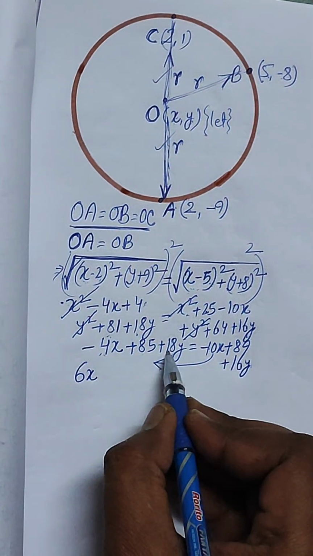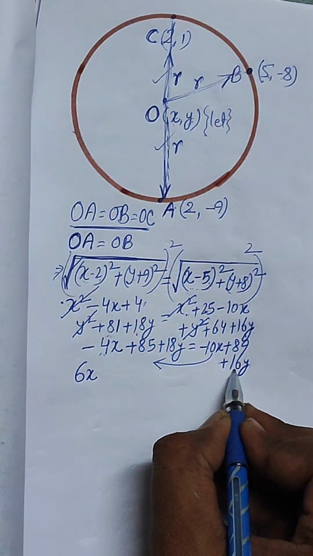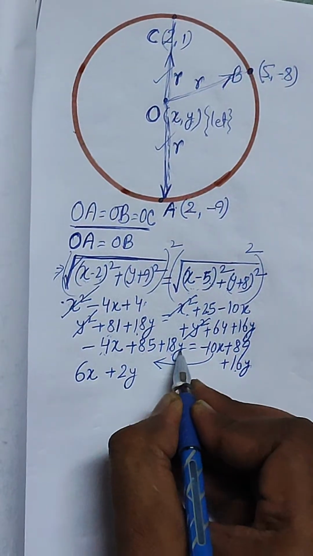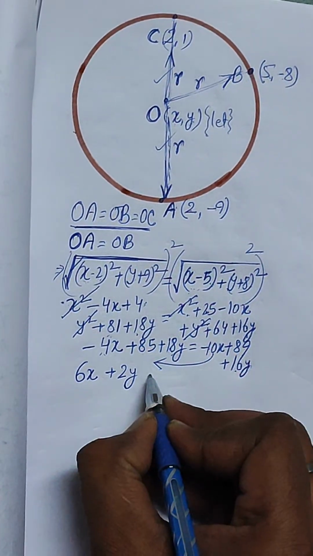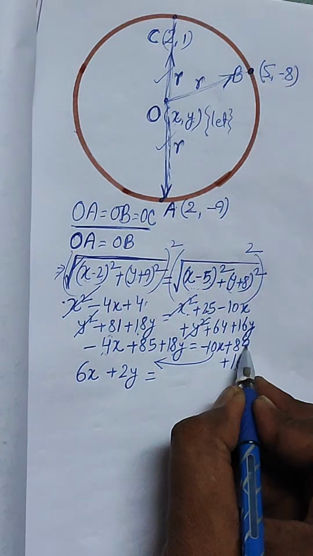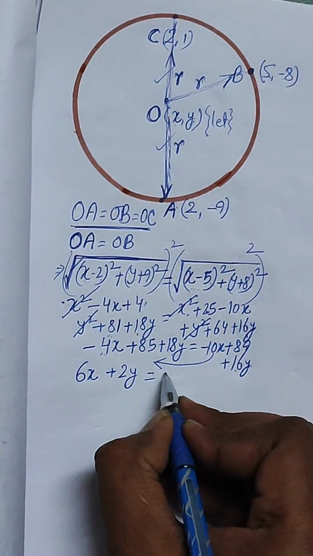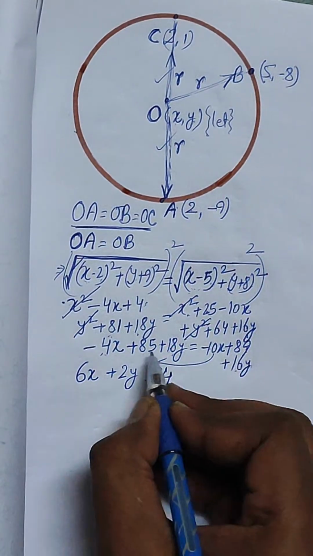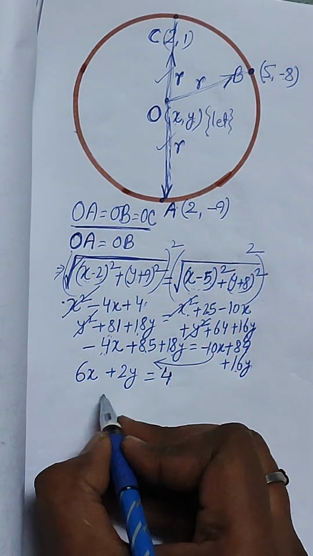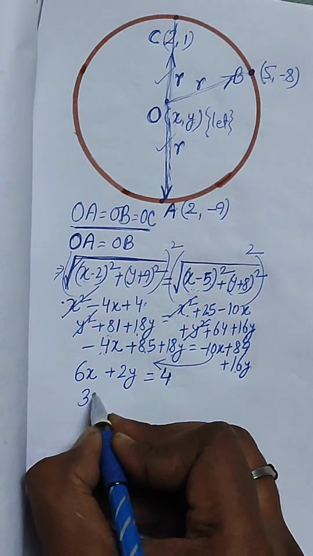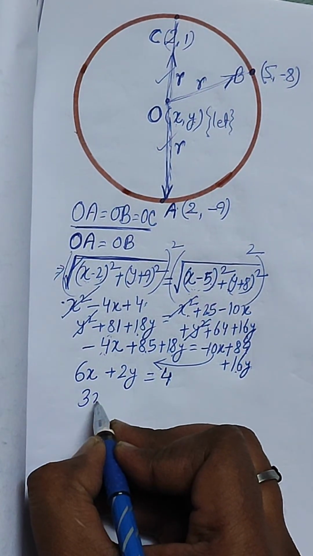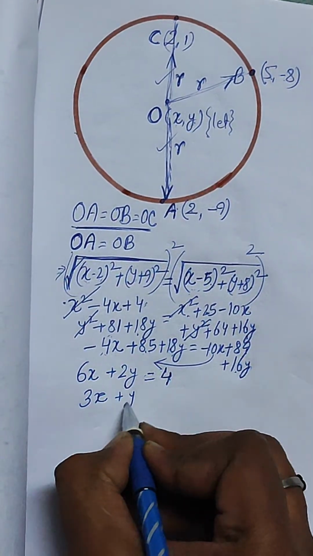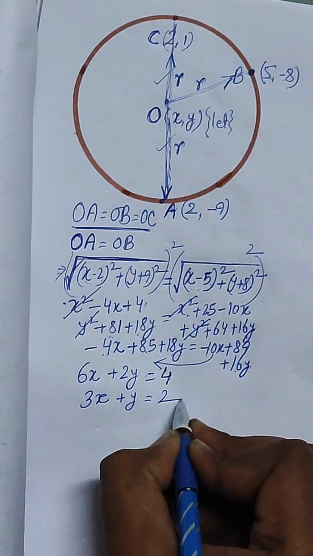Now 18y minus 16y becomes 2y, and that is equal to 89, and 85 going to the RHS, 89 minus 85 becomes 4. This gives you the equation, dividing by 2, 3x plus y is equal to 2.